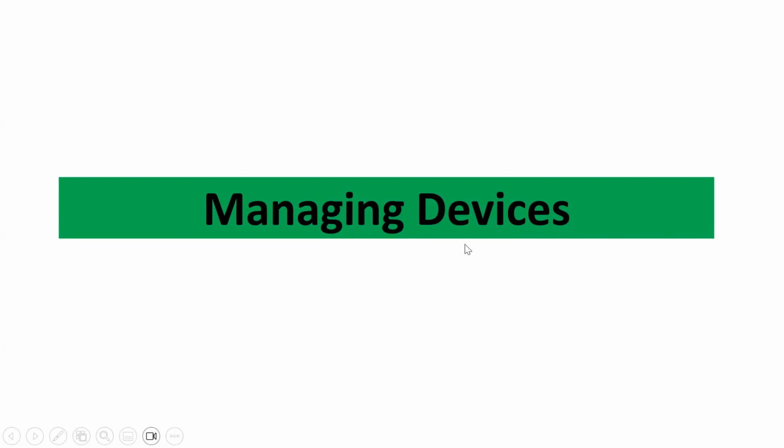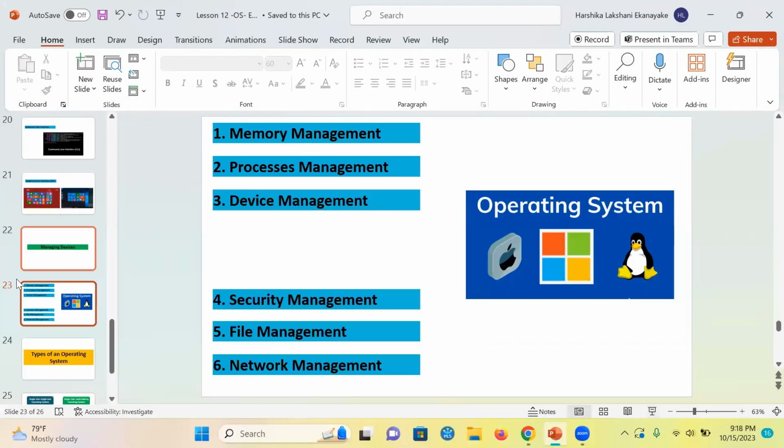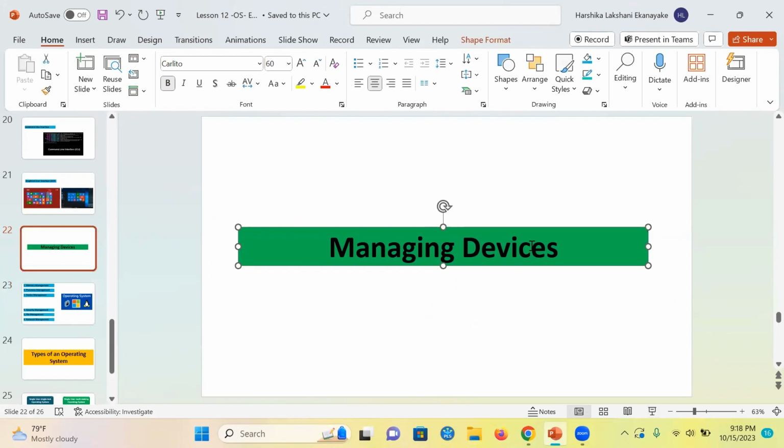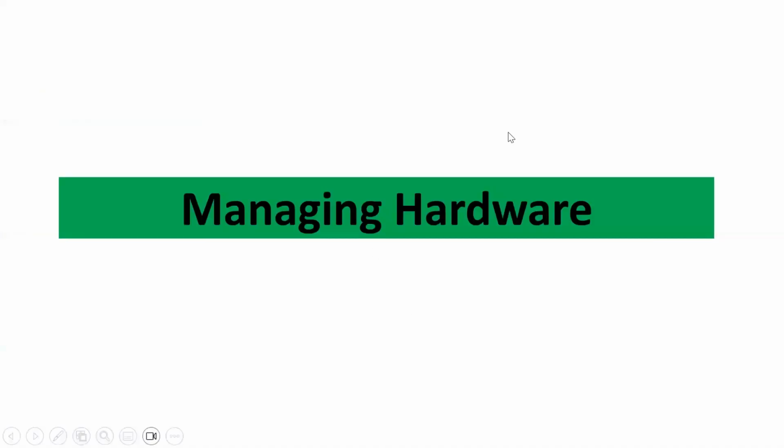The other thing I would correct it as managing hardware. Okay. The other duty, the main duty of the operating system is managing hardware, right? So basically when it comes to a computer, we have separate inputs, right? Inputs are there.